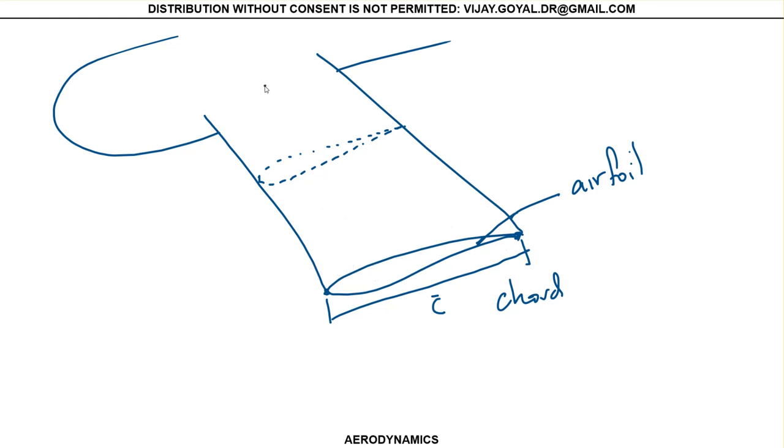And then this distance from here to here, the tip of my plane, this is called B. This is nothing else than the span of my aircraft.